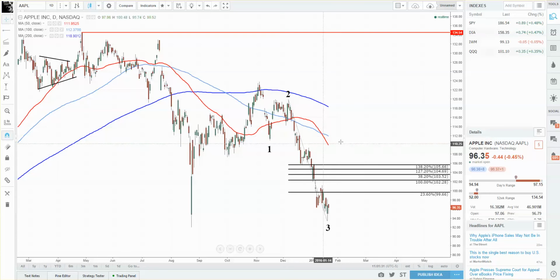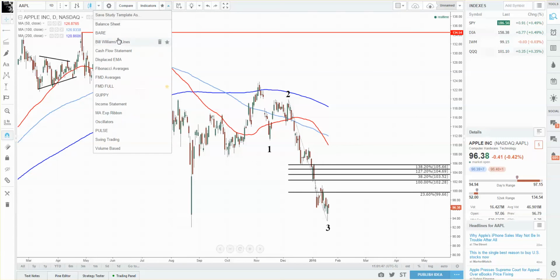Yeah, the moving averages are not even in the area of this Fibonacci resistance zone. So I will look for the area between 102 and 105 to serve as resistance.